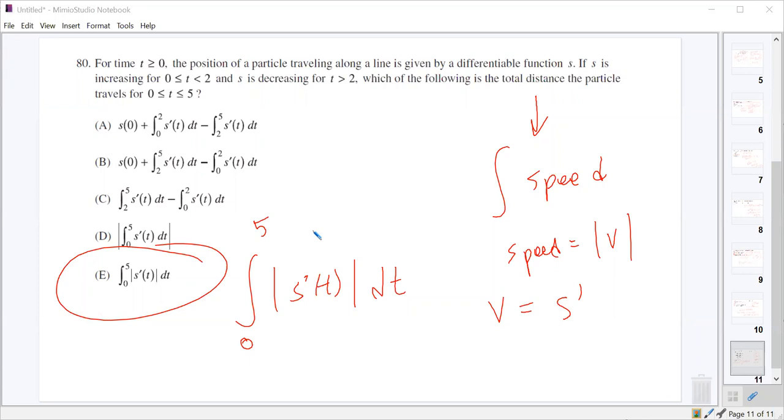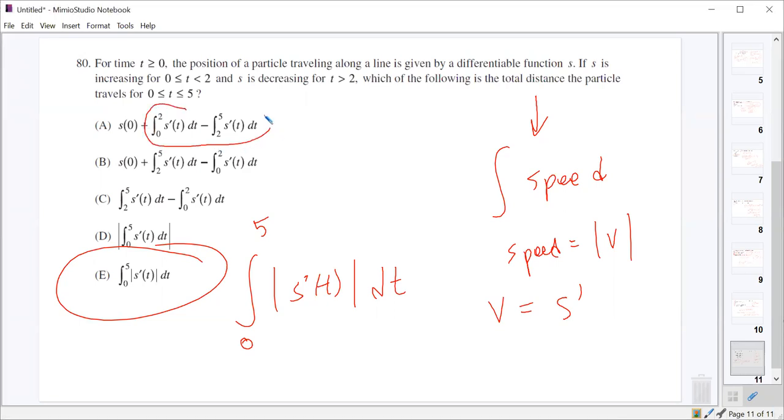So let's see, somebody asked, why isn't A also correct? Which is s of 0 plus the integral from 0 to 2 of s prime minus the integral from 2 to 5 of s prime. A is not correct because A includes the initial position, and the initial position has absolutely nothing to do with the distance we traveled.